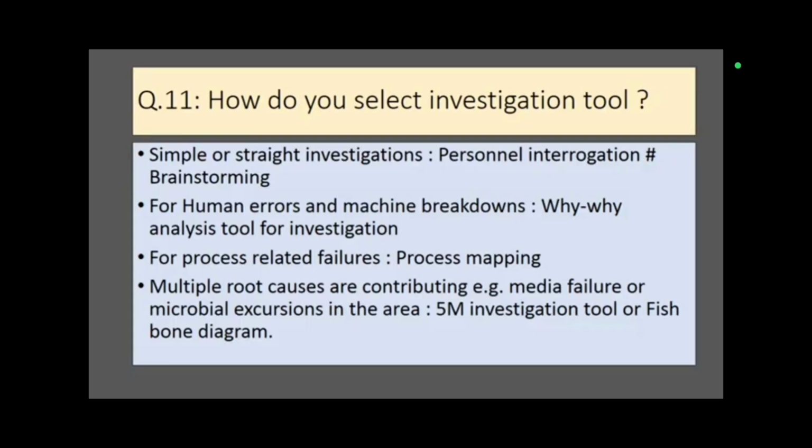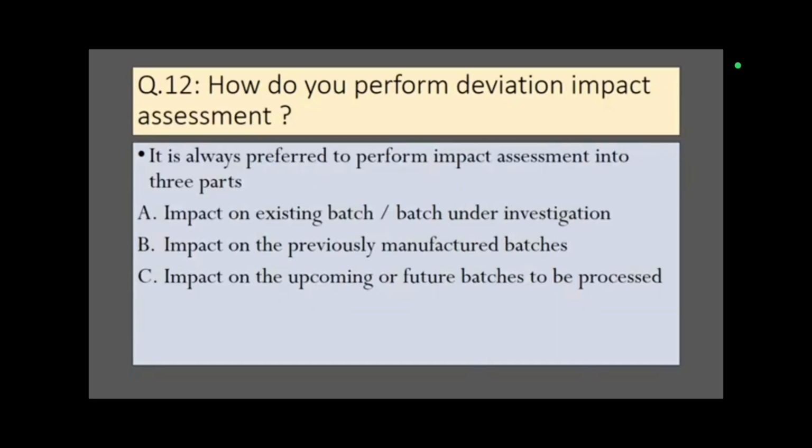For human errors and machine breakdown investigations, 5-why analysis tool is better suited. In case of process related failures like lower yield, lower assay, process mapping tool can be used. Whenever there are multiple root causes or multiple contributing factors like media failure or microbial excursions in the area, 5M investigation tool or fishbone diagram can be used.